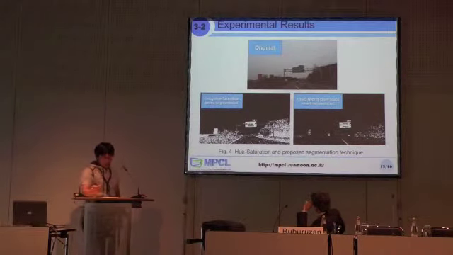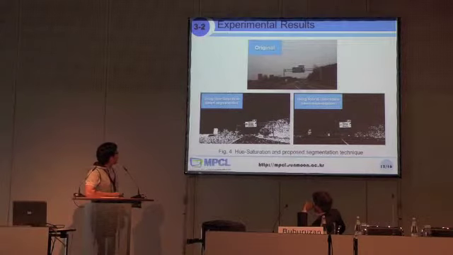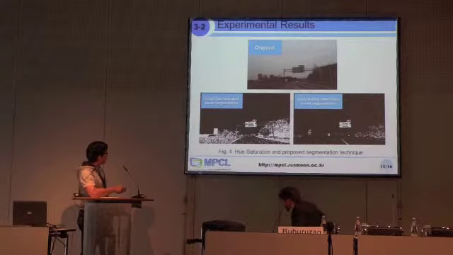This shows the hue saturation based segmentation result and our proposed hybrid-based segmentation result. These results were obtained from the same video frame. In the hue saturation based segmentation result, there is a lot of noise around the road.